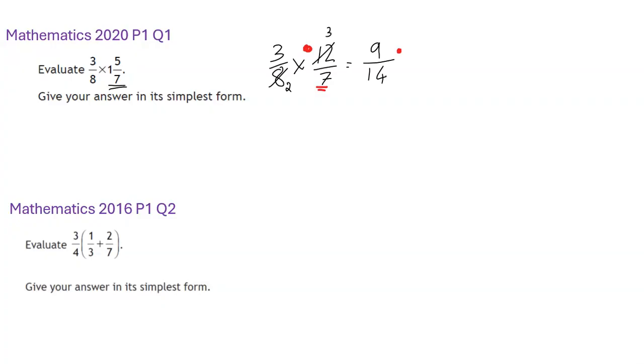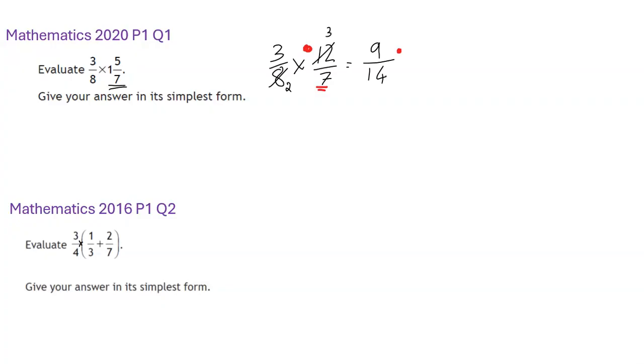Now the second one here, the 2016 paper 1 question 2, combines different operations together. So there's an addition in there, but there's also a 3/4 outside the bracket. Now what we have to remember is that hidden here is a multiplication between the 3/4 and the bracket. So it's 3/4 times whatever happens in that bracket.